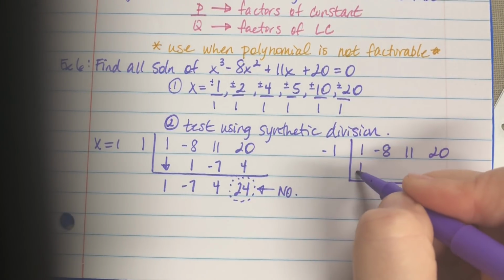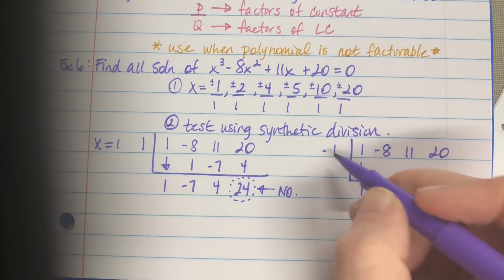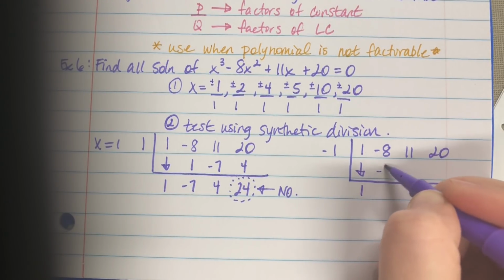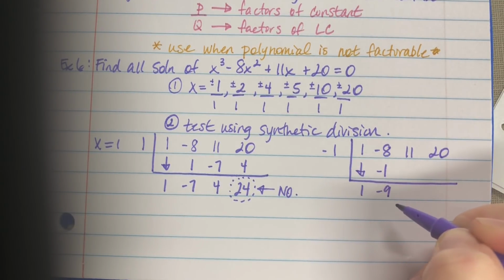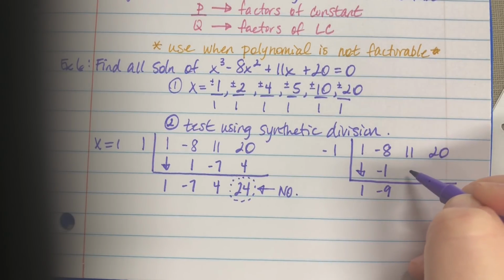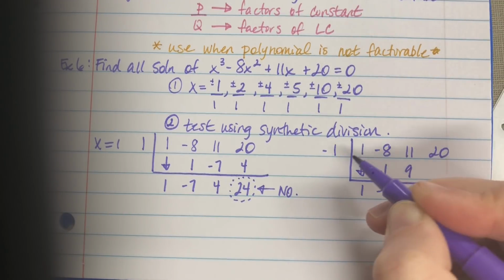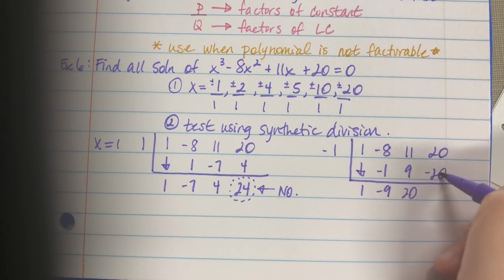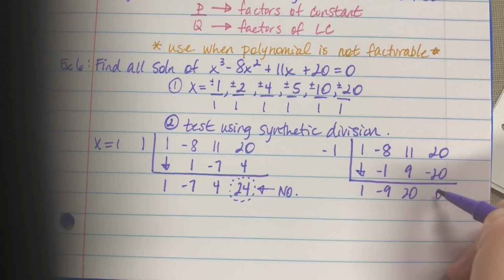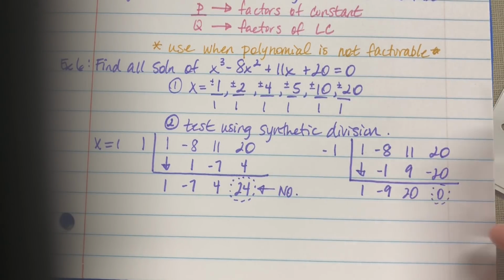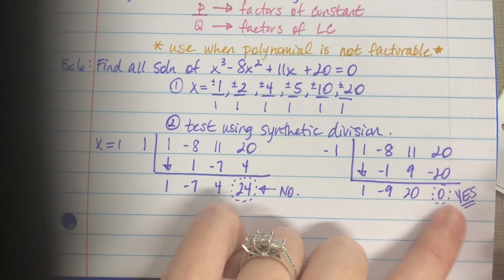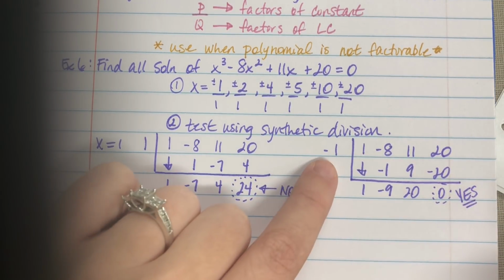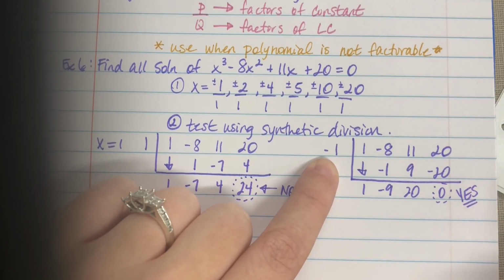Okay, drop our 1. -1 times 1 is -1. -8 minus 1 is -9. -1 times -9, +9. 11 plus 9 is 20. -1 times 20 is -20. 20 minus 20 is 0. So in this case, our remainder was 0. So our factor of x equals -1 is a factor.